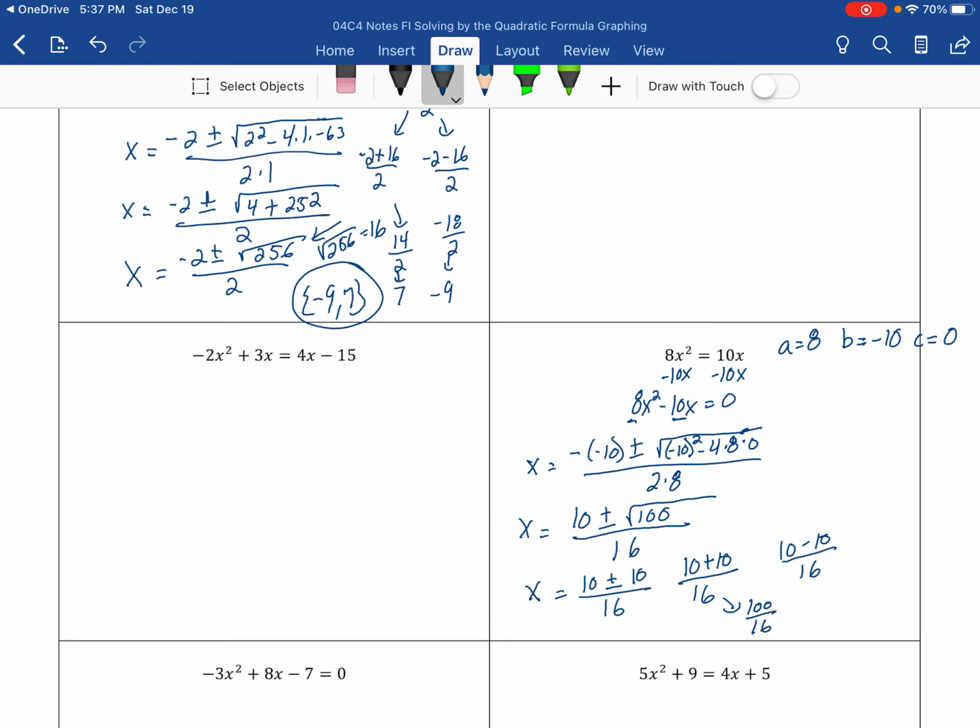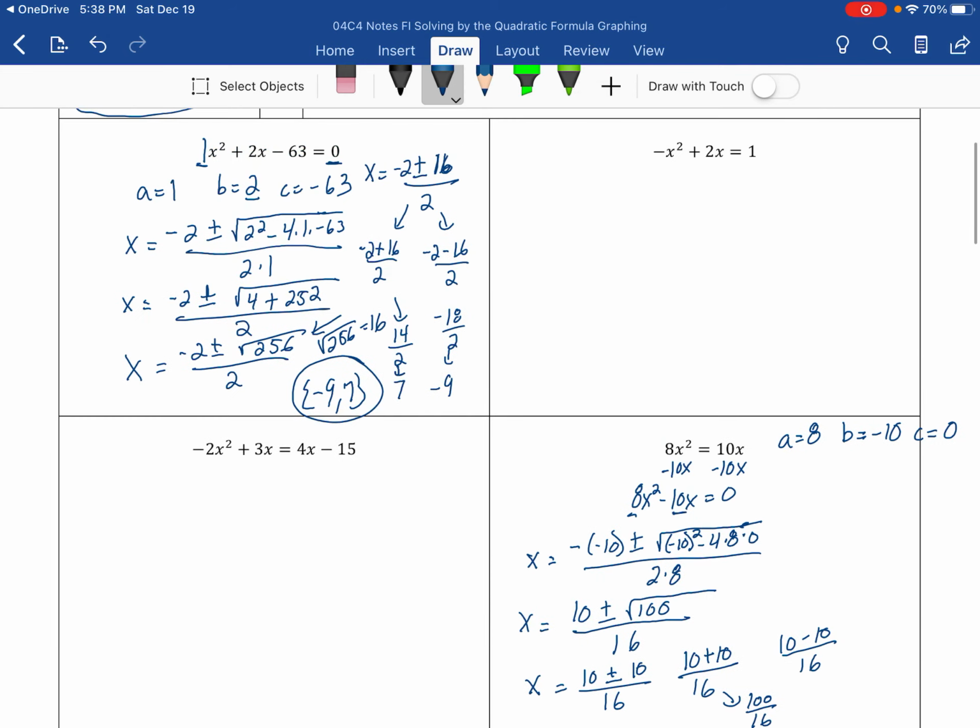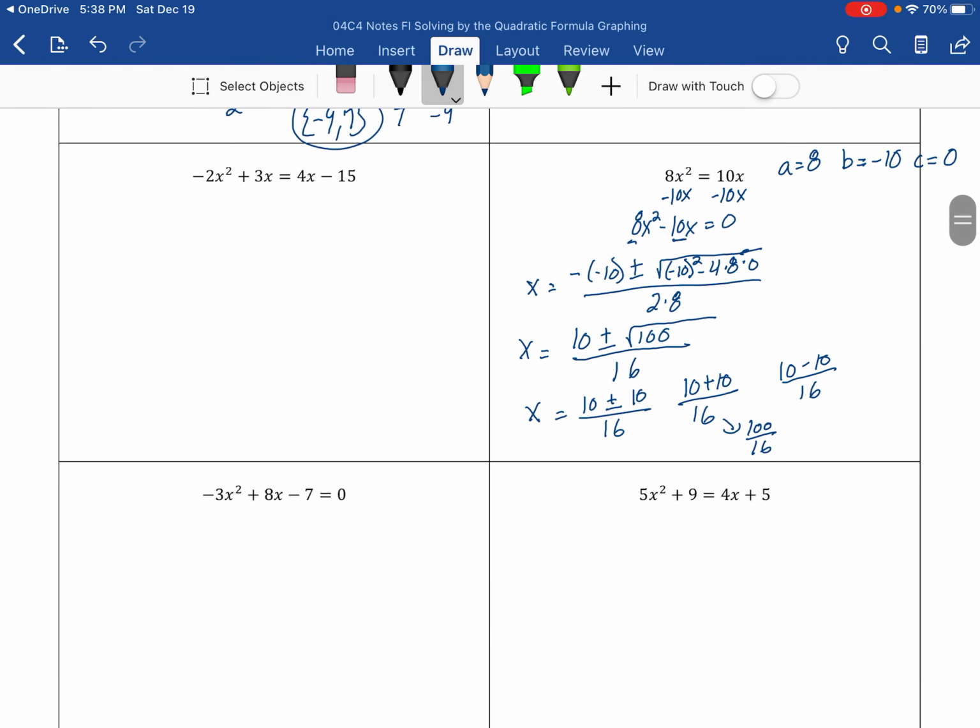So my answers are going to be 20 over 16, which is 25 over 4, or 6.25, or 0 over 16, which is 0. And so my solutions are going to be 0 and 25/4, or 0 and 6.25.